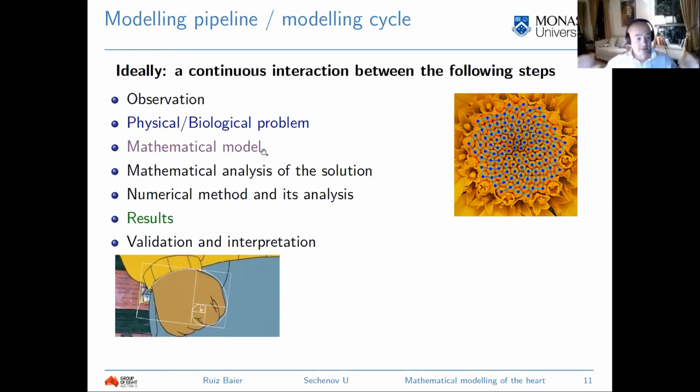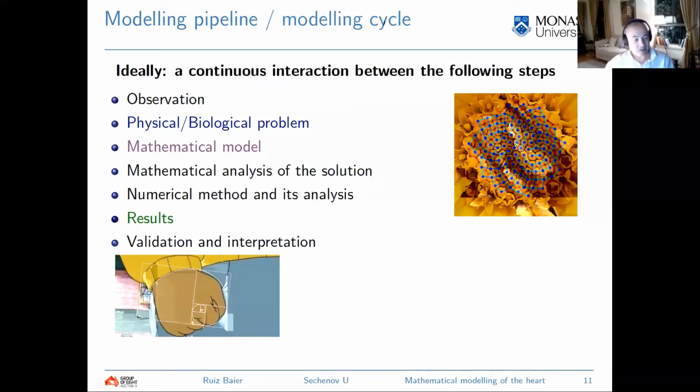Once you have that mathematical problem in terms of equations, algorithms, or systems, we need to analyze it. Does it make sense? Is it something that could eventually be solved, or is it something that has no sense at all? Then we need to compute solutions to that, and that is what we call numerical solutions. I'm going to say what they are in a minute, and do analysis there.